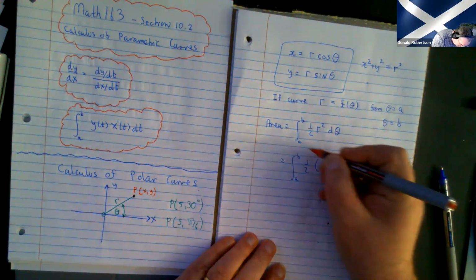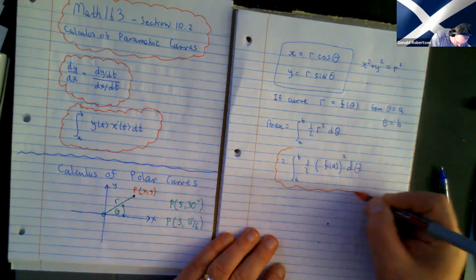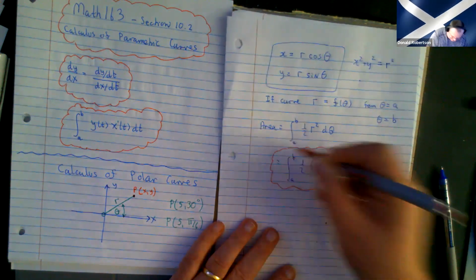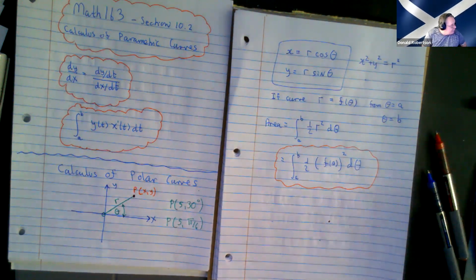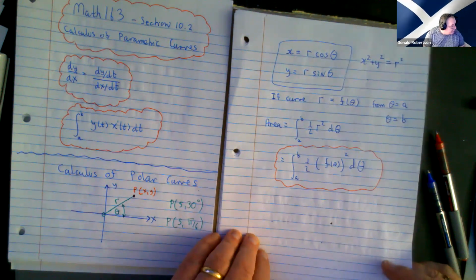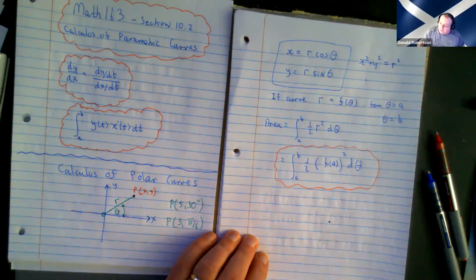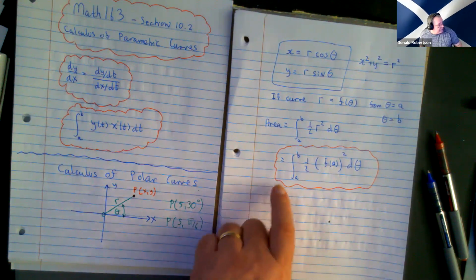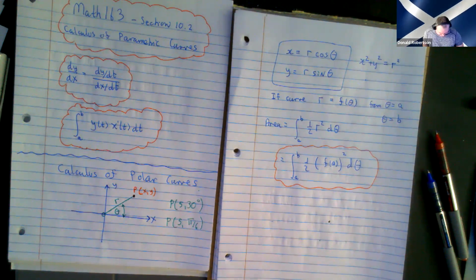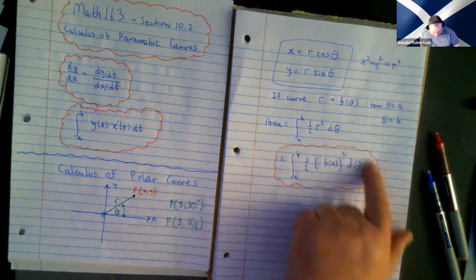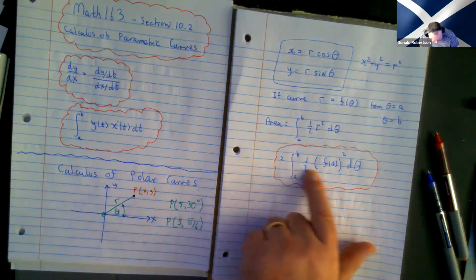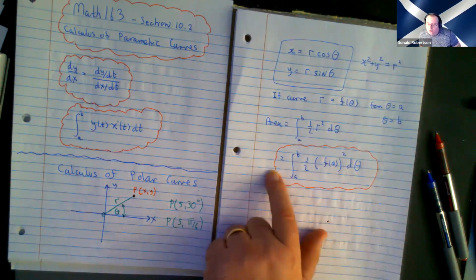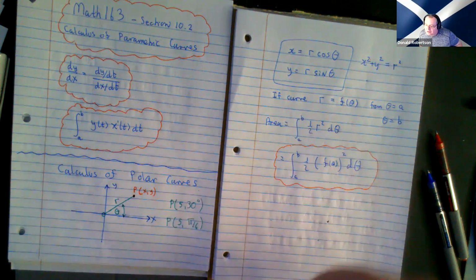So that's the equation. As long as you tell me what r is equal to in terms of theta, and you give me a start and a finish value for theta, I can find the area swept out by using this formula. There's not an easy way for me to tell you why that is the formula for the area swept out.